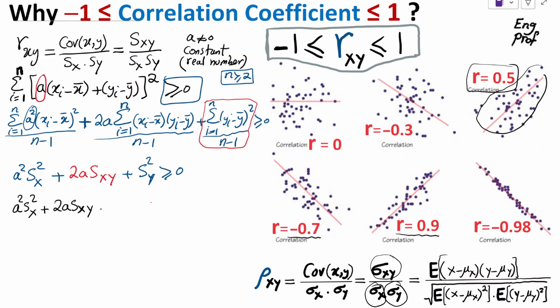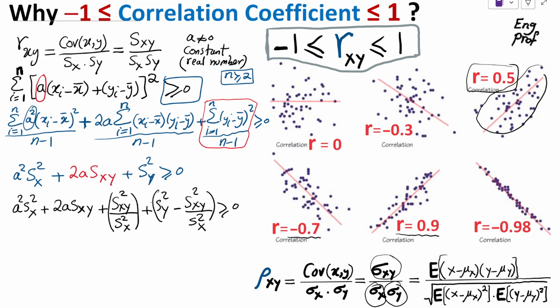I'm going to say it is s_xy squared divided by s_x squared. So that's my trick. And as a result, since I added this component here, I need to subtract that component as well. So I added and subtracted the same thing, as if I didn't add anything.